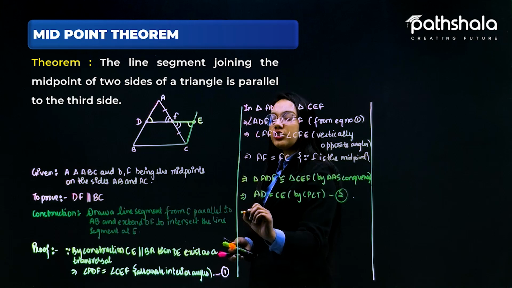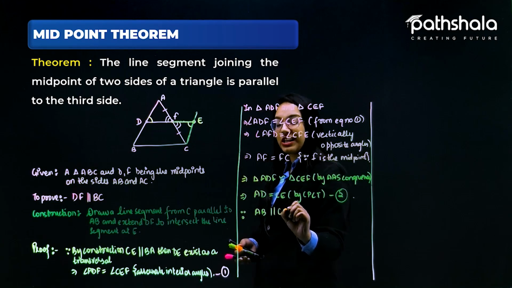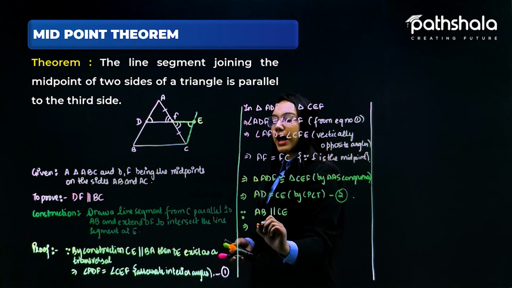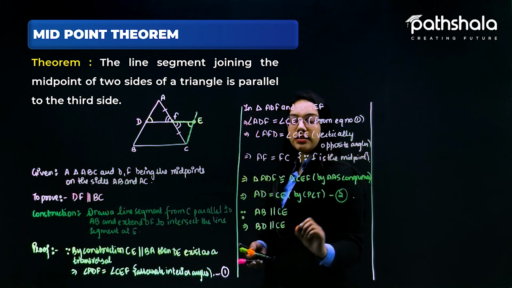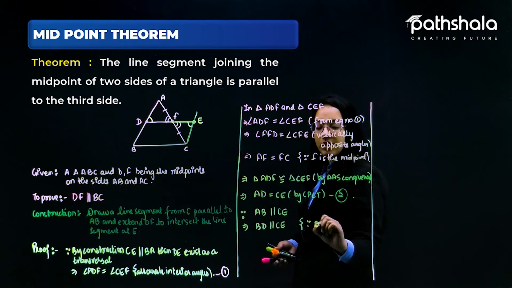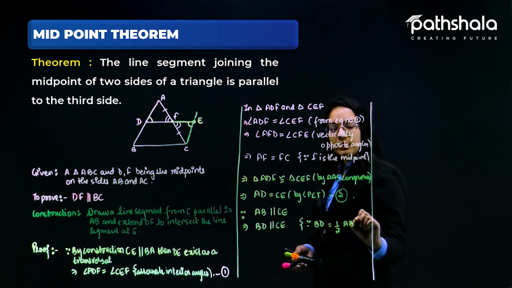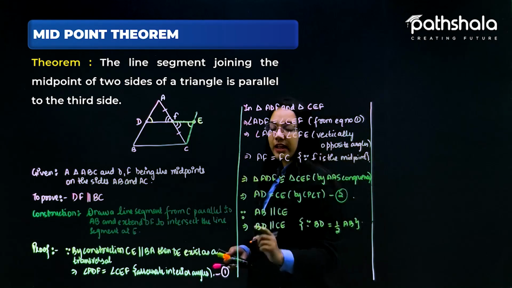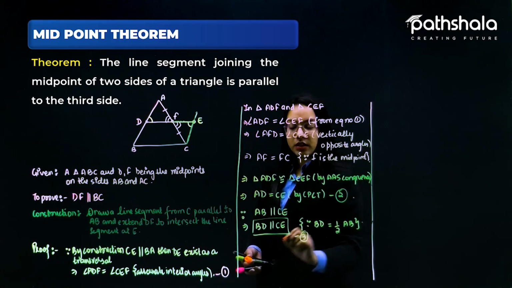Now, since AB is parallel to CE, we can also say that BD is parallel to CE, since BD is part of AB. Let's call this the third equation.